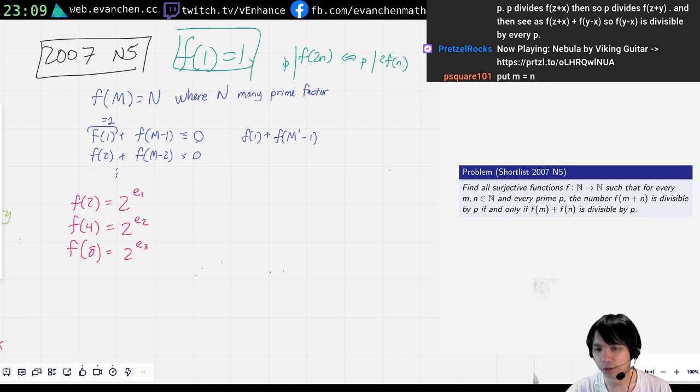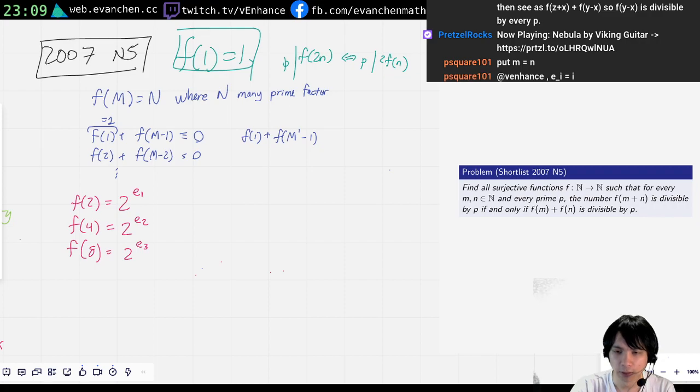Okay, well, someone got injectivity, so that's pretty nice. So injective: if f of x equals f of y, then for any p, take z such that p divides f of z plus x.